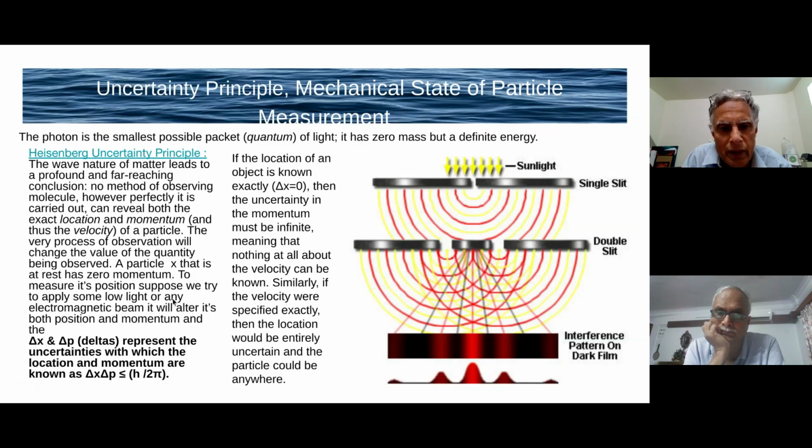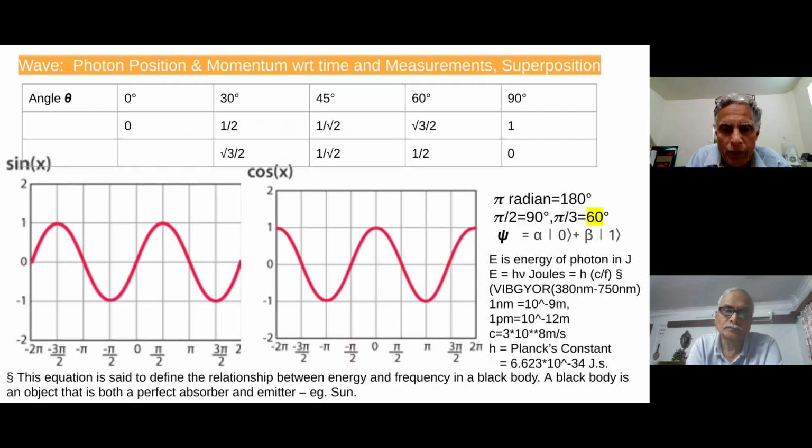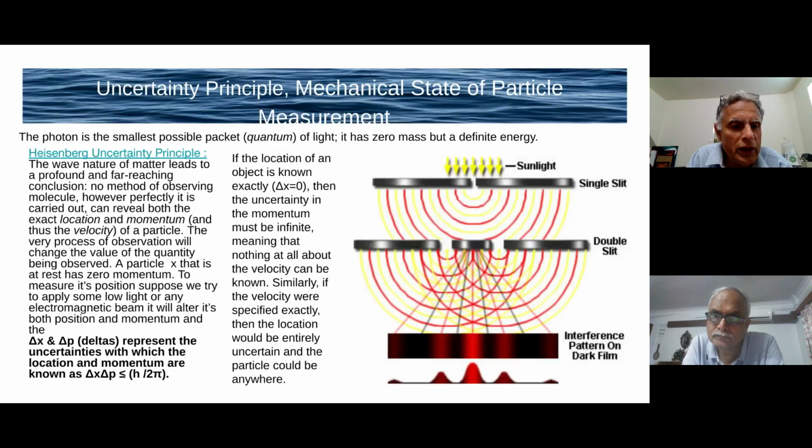H is a number represented by Planck, and that is what we saw earlier. Planck's constant is 6.23 into 10 to the power minus 34 joule second. The joule second, because when you do h nu, nu is nothing but the frequency. So frequency is c by lambda, which is what we calculate.